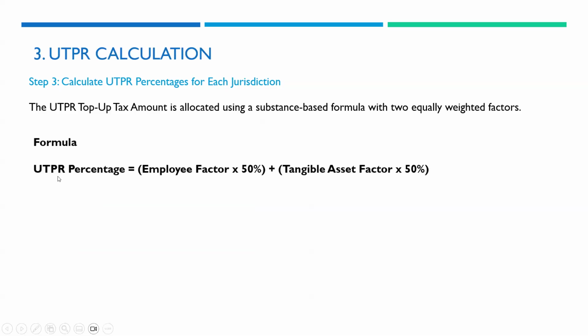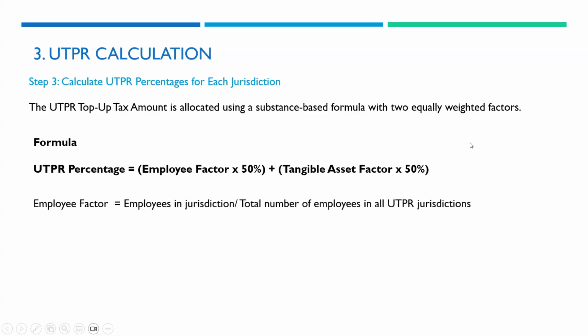The UTPR percentage is each constituent entity's employee factor times 50% plus tangible asset factor times 50%. Don't ask me why there is a 50% number. They are just finding a mean or an average of the employee factor and tangible asset factor of each constituent entity.